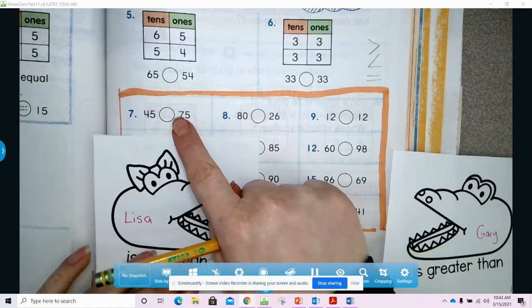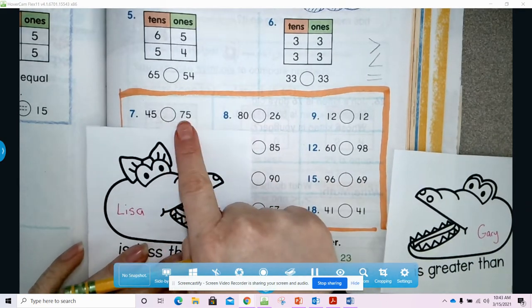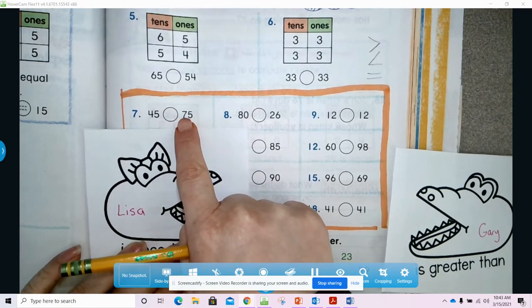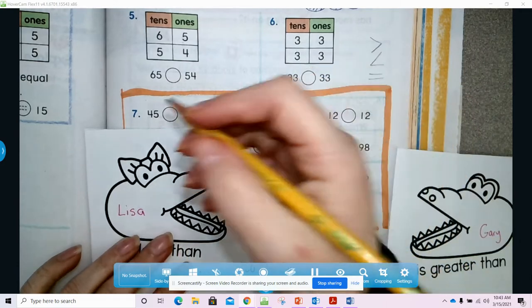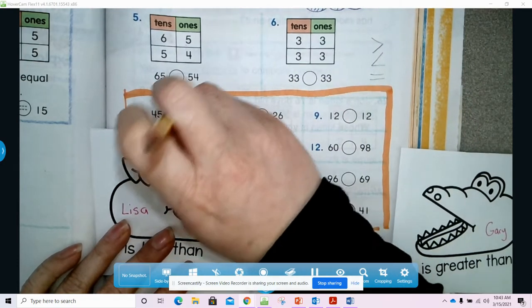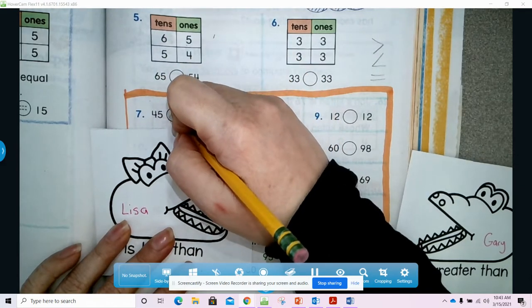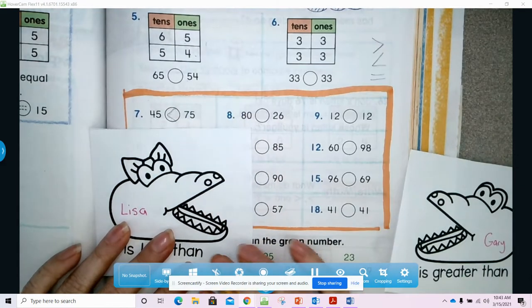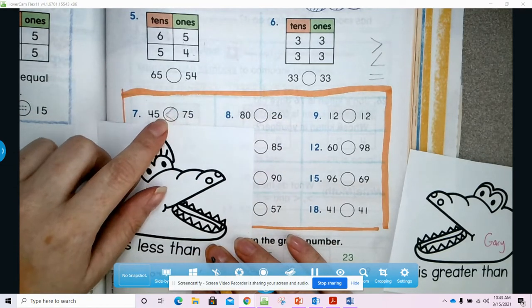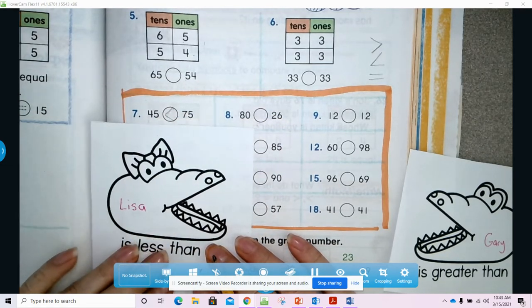On number 7, Lisa is going to eat the bigger number because she's facing 75, and 75 is greater than 45. So we're going to make the symbol for Lisa's mouth, like that. Okay, Lisa gets to eat the bigger number. Her mouth is open towards the bigger number.